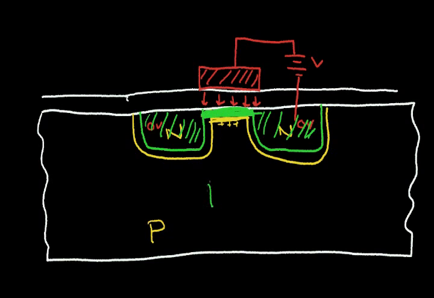So again, this is a Nmos transistor. And we'll talk more about this in future videos. But I just wanted to give you an overview of how important this depletion region is, and that it's important for a diode, it'll be important for a bipolar transistor, and it's important for MOSFETs such as Nmos transistors and PMOS transistors.